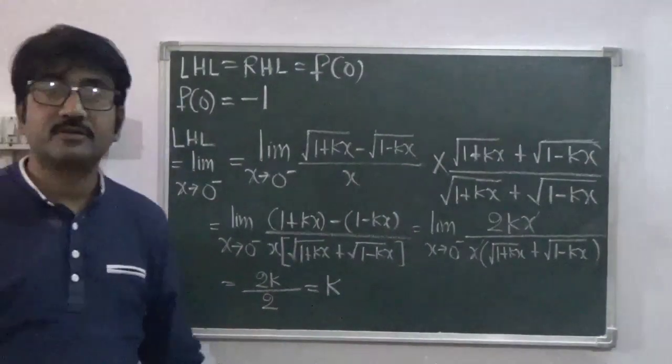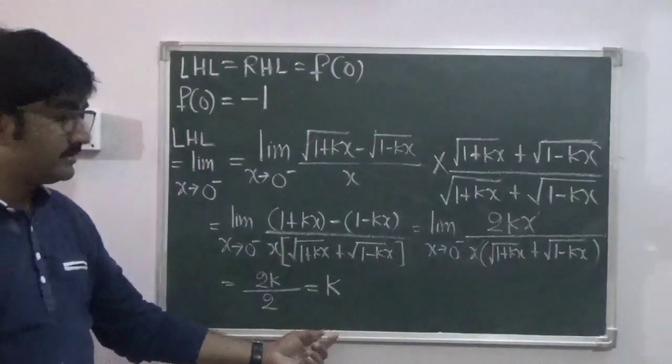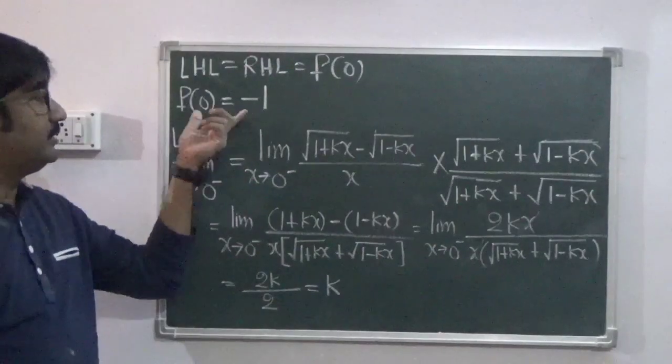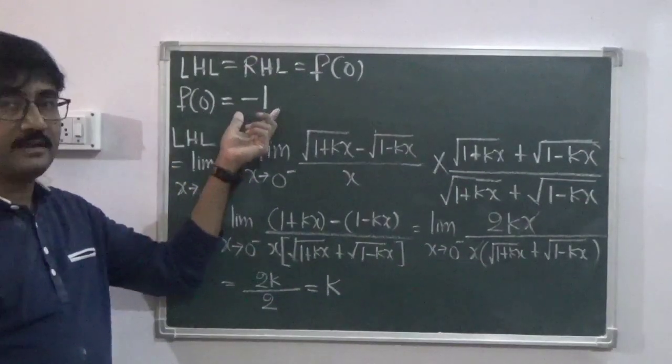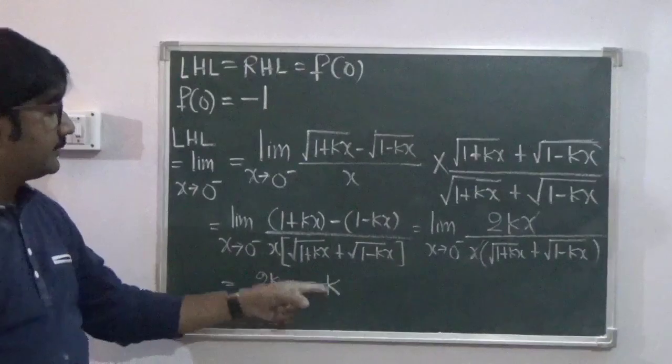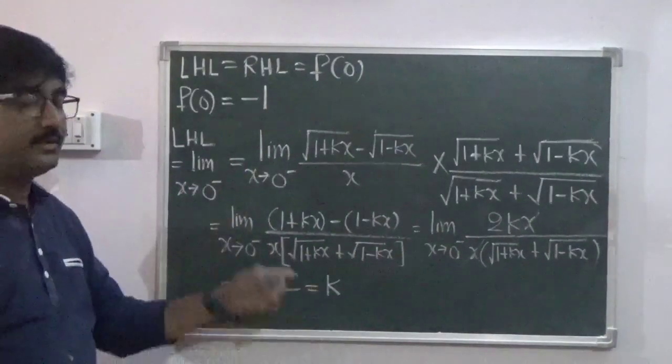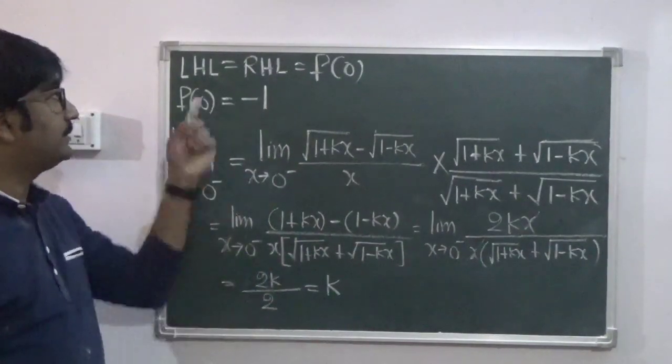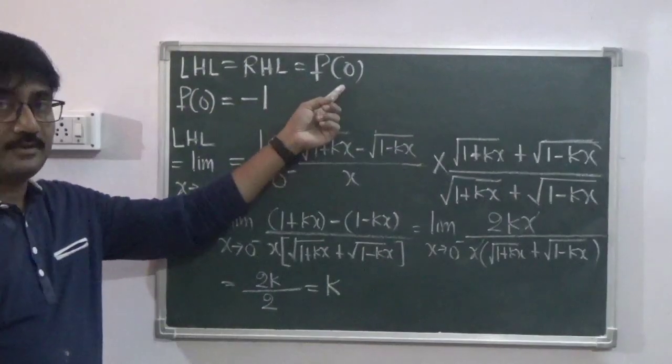So the left hand limit is equal to k and the value of the function is equal to minus 1. If we compare these two, because the function is continuous, we have left hand limit equal to the value of the function.